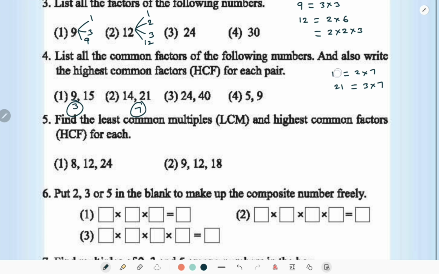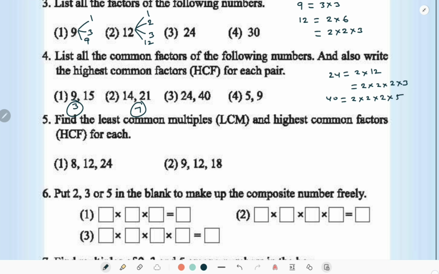Let's see 24 and 40 also. 24 is 2 into 12. Okay, that can be written as 2 into 2 into 6, and 6 can be written as 2 into 3. 40, 2 into 20. 20 is nothing but 2 into 10. 10 is nothing but 2 into 5.